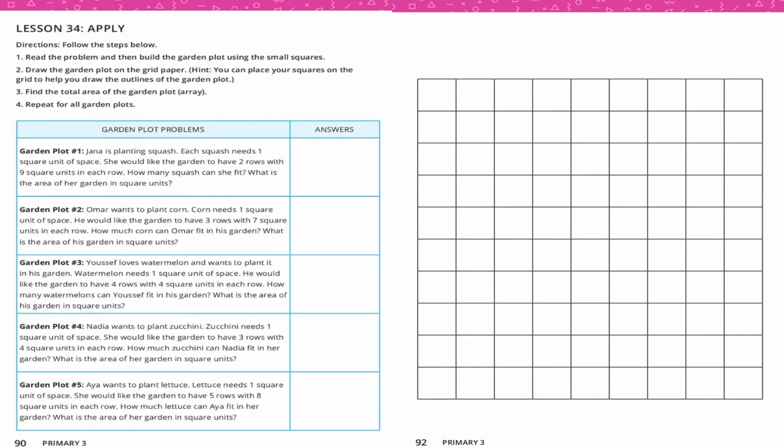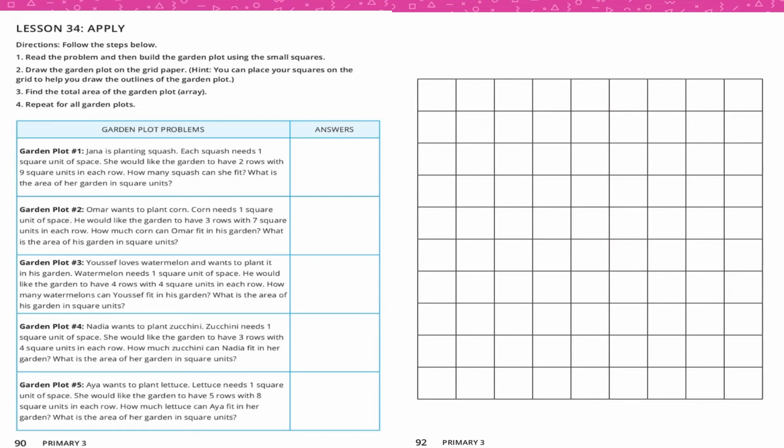She would like the garden to have 2 rows with 9 square units in each row.